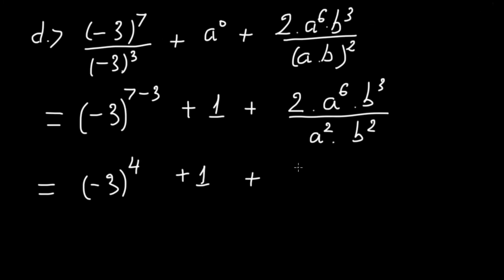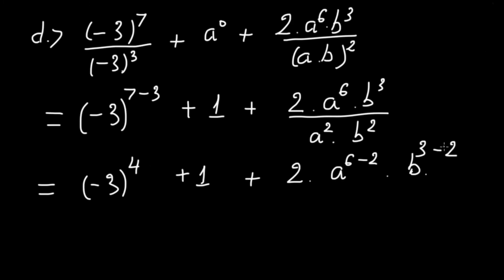Plus 2 times. Now we see a to the 6th divided by a squared. We have a is a common base, right? We can put a here. We put 6 minus 2 right here. And then b is a common base. We put b here. The top is 3 minus 2, right?